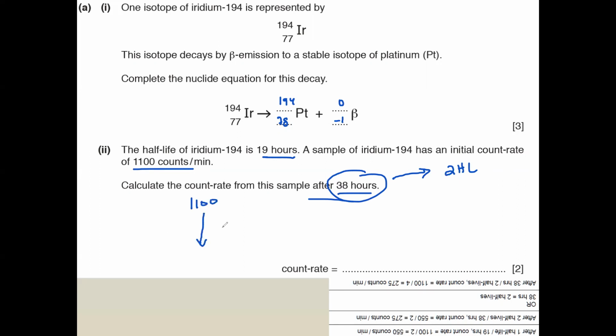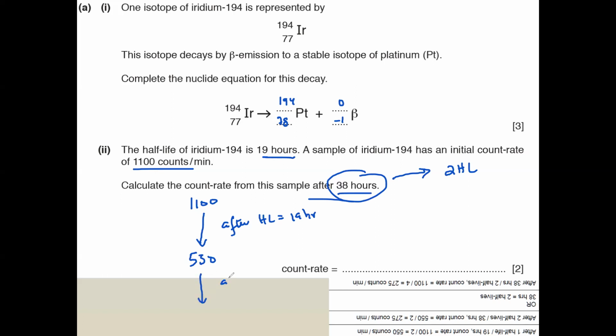After 19 hours, after one half-life, this 1100 divided by 2 will be 550.